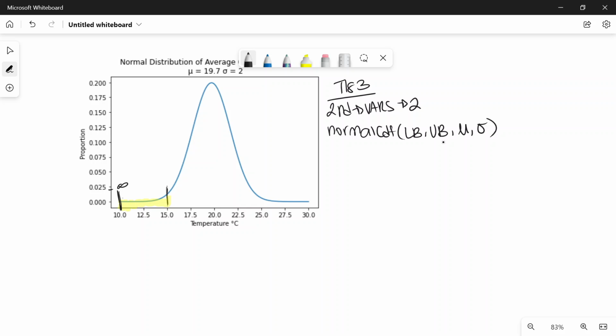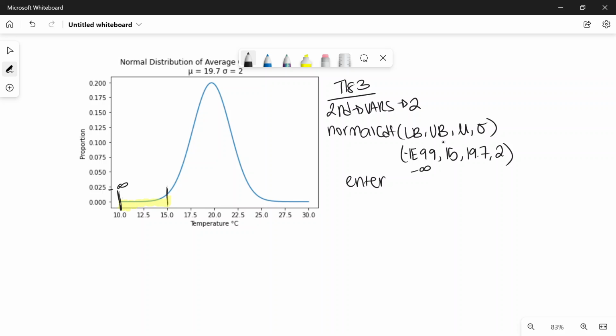I learned in school that a good number would be -1E99. So lower bound would be -1E99 to represent negative infinity. My upper bound would be 15 because that's where I'm ending. Then the mean is 19.7, and sigma is 2. And now when I press enter, I should get my answer.